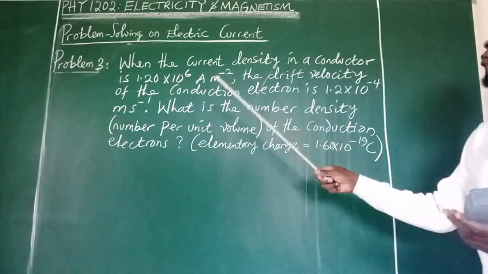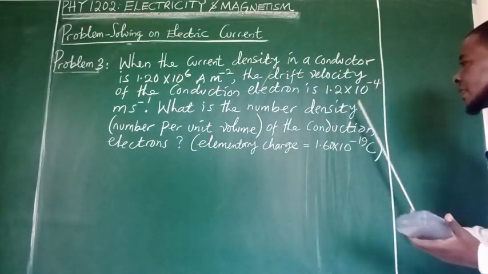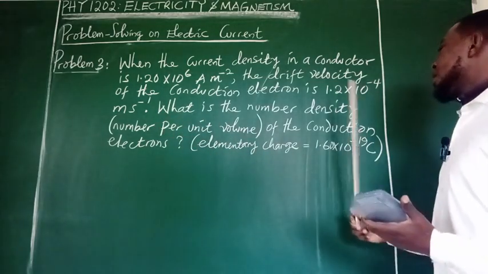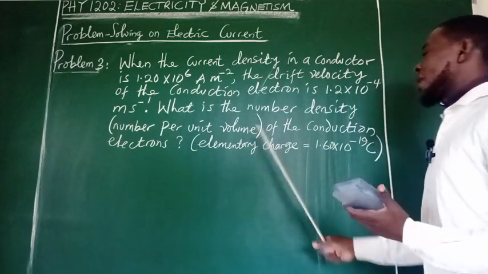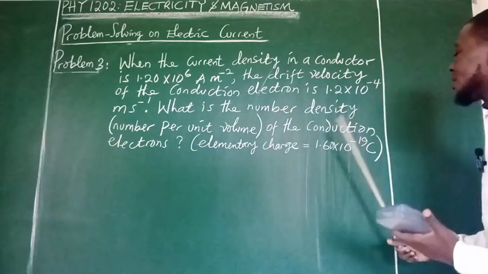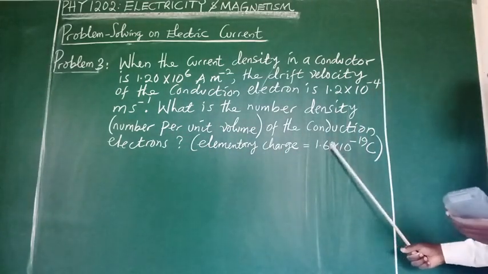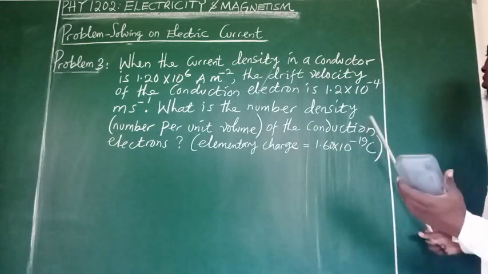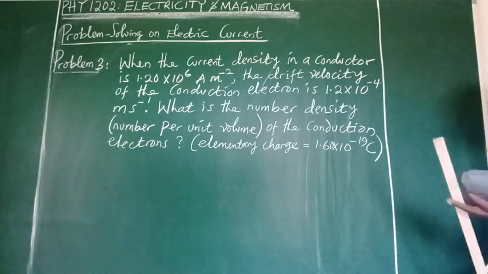What is the number density, meaning number per unit volume, of the conduction electrons? The elementary charge is given as 1.60 times 10 raised to the power of negative 19 coulomb.